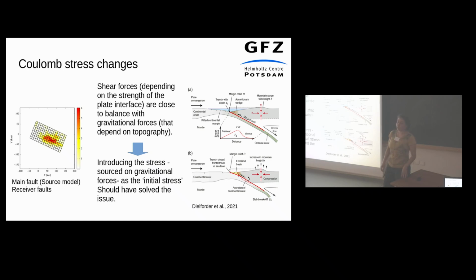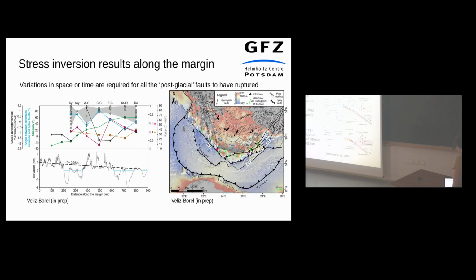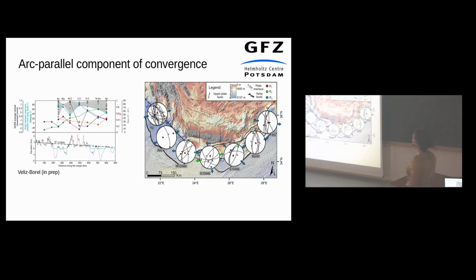But that also did not solve the issue, because this force balance that is also announced by critical wedge theory only works for the arc-normal component of the convergence. In this plot, you have all the islands.